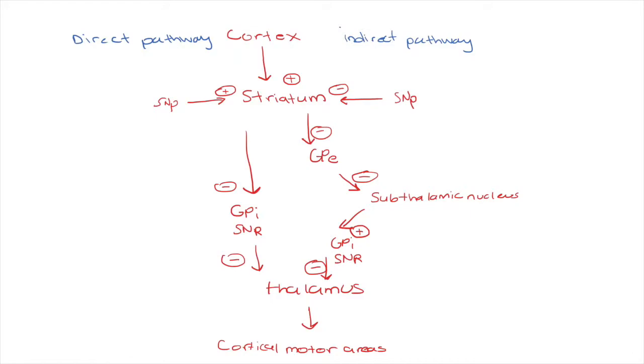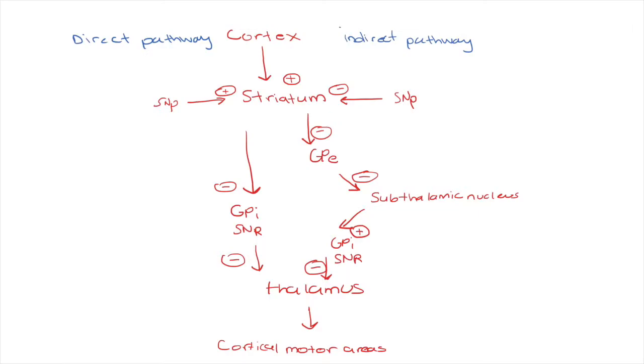As I've mentioned, there are two pathways, the direct pathway and the indirect pathway. So the cortex, which is obviously where all the higher functions take place, communicates to the striatum, which I mentioned is comprised of the putamen and the caudate nucleus. Substantia nigra pars compacta also has effects onto the striatum, and the striatum then communicates to the globus pallidus internus and the substantia nigra reticulata, which then in turn communicate to the thalamus.